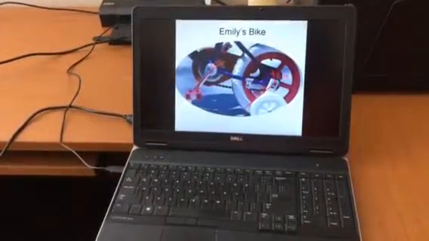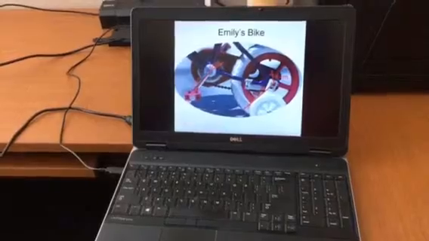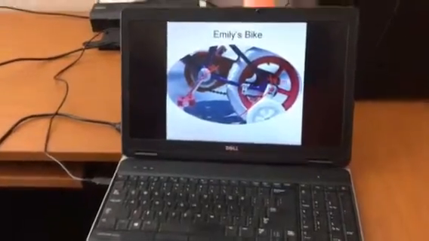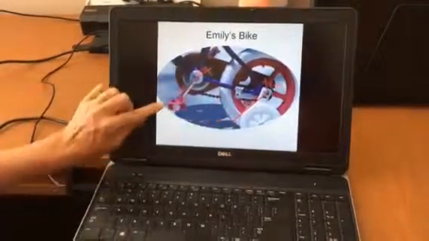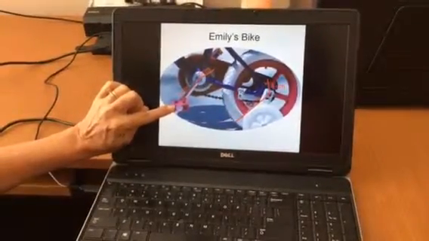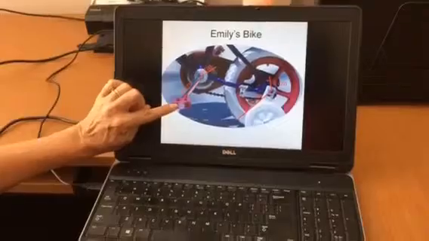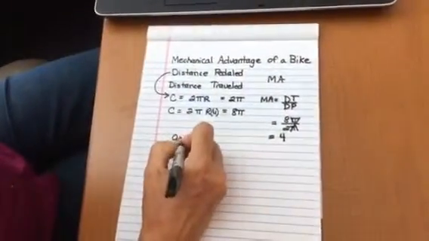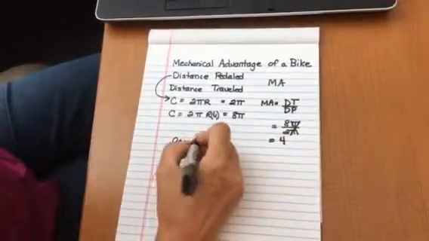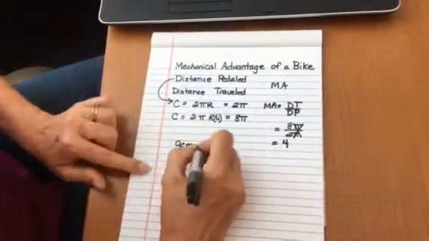Now let's look at an example problem where we have Emily's bike. It's a little bit more complicated because we have more circles to consider. So here we have our distance pedaled. In this case, we have 9 centimeters, which is our distance pedaled, which we're going to use as our radius.